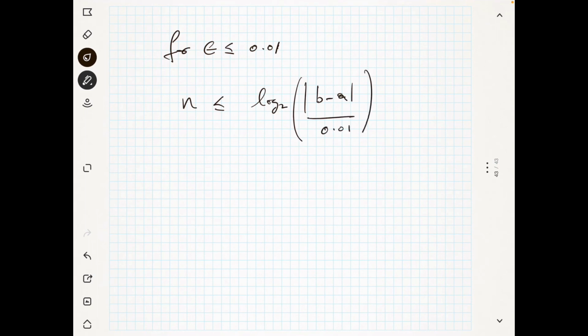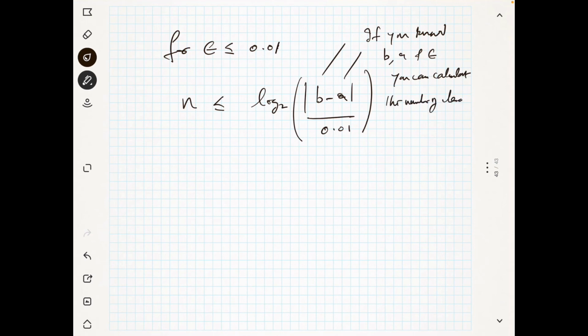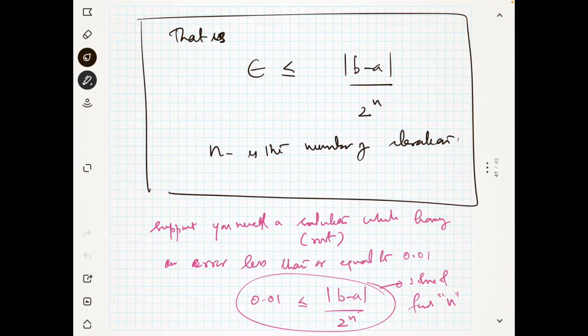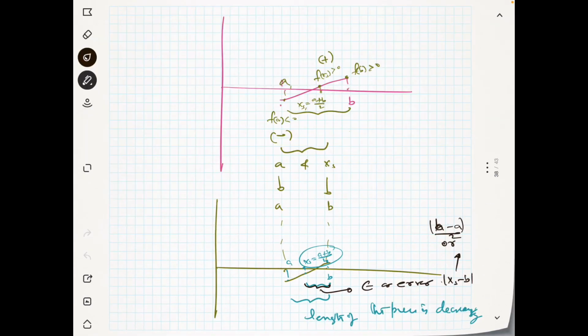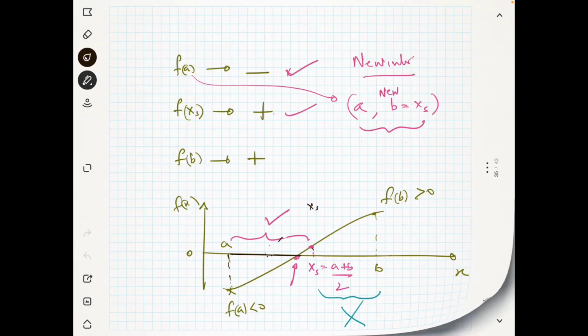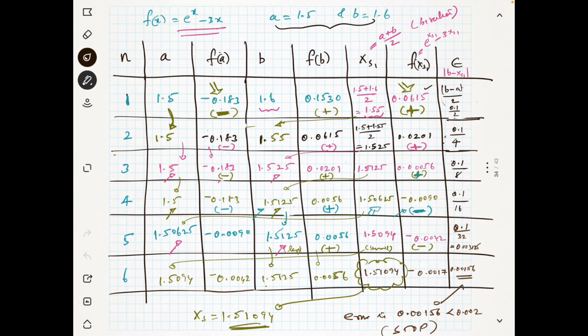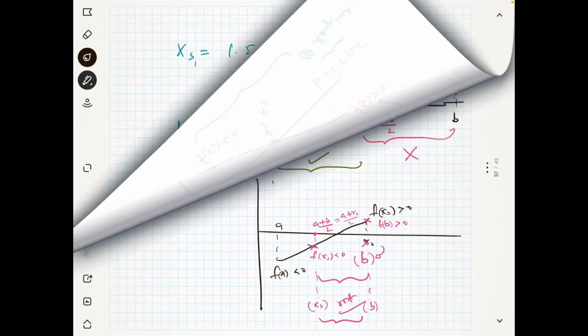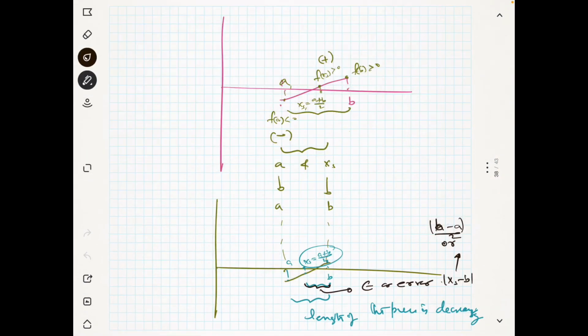So if you know b, a and epsilon, you can calculate the number of iterations needed. Here in this problem I have used 6 iterations. Like this, how many iterations are needed for a problem can be easily calculated by using this formula.